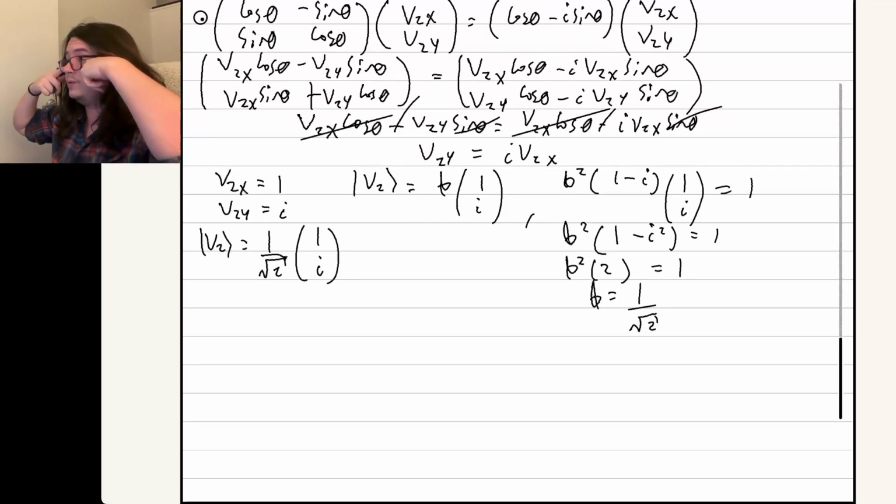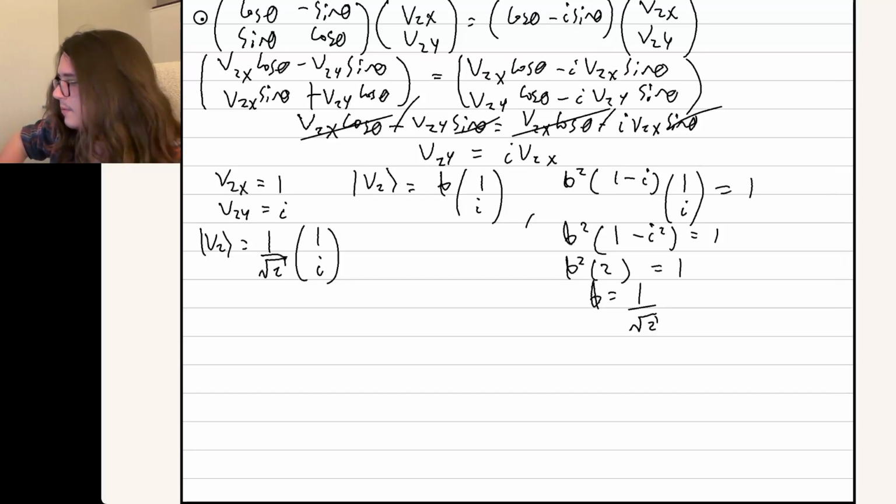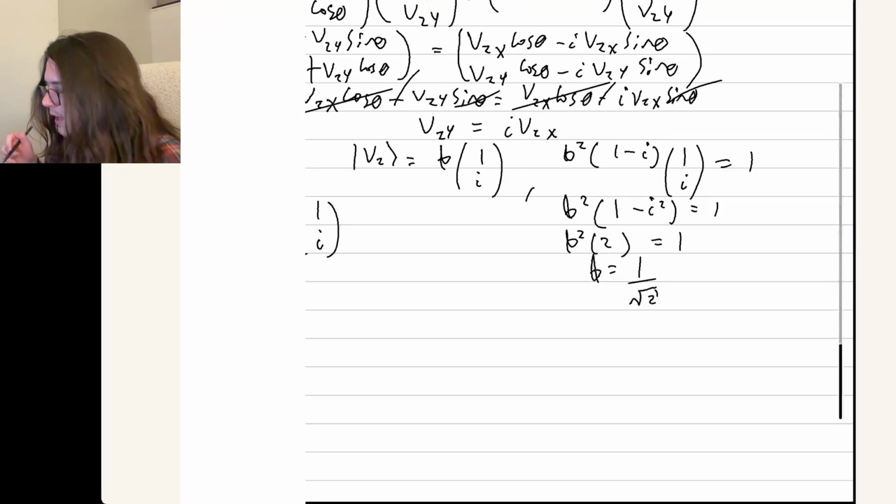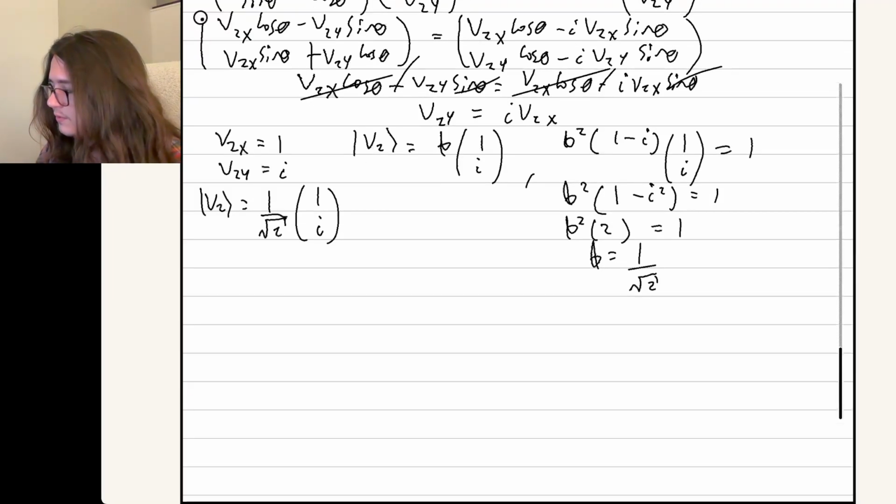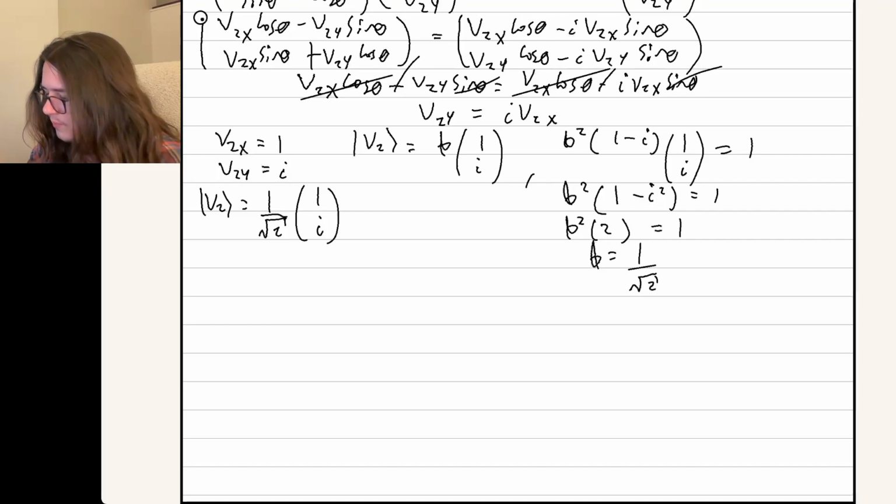Finally, we need to set up the similarity transformation matrices. So now that we have the eigenvectors and eigenvalues, we know that there is a basis in which the rotation matrix only has diagonal components, and those diagonal components are the eigenvalues.